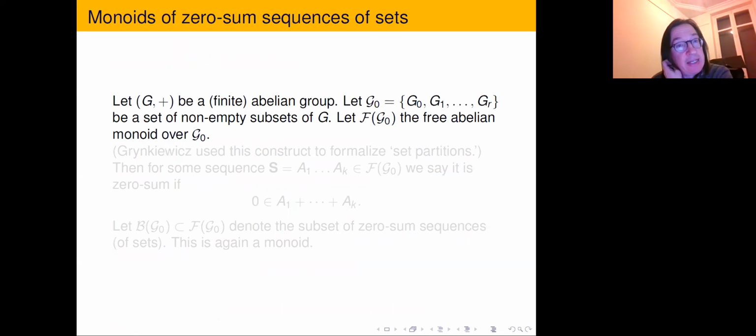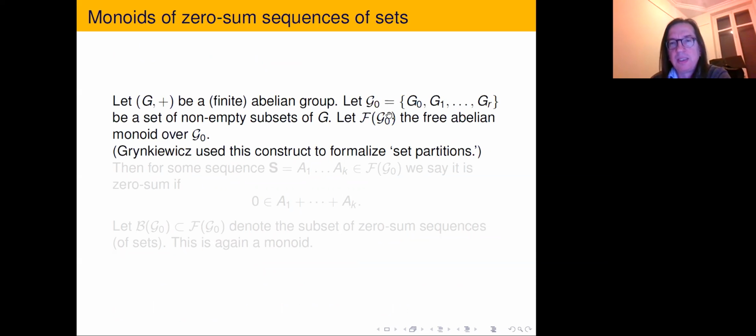And then I can generalize even further. I forget where these sets came from, and I just say for whatever finite abelian group, I take a collection of subsets, and then I consider the free monoid generated by this collection of subsets, and then I consider sequences of subsets. And in fact, David Grynkiewicz used constructions like this to formalize the idea of set partitions, which is relevant in additive combinatorics to obtain certain addition theorems.